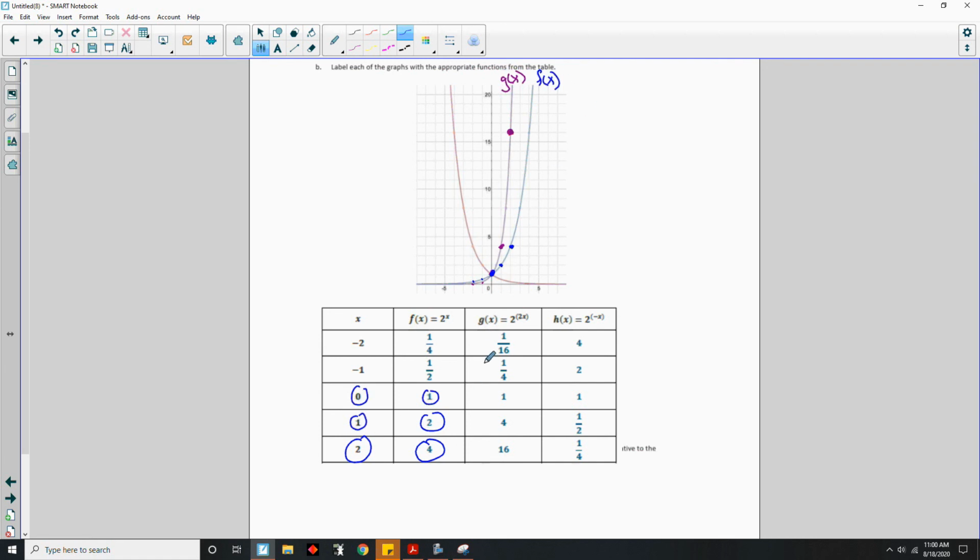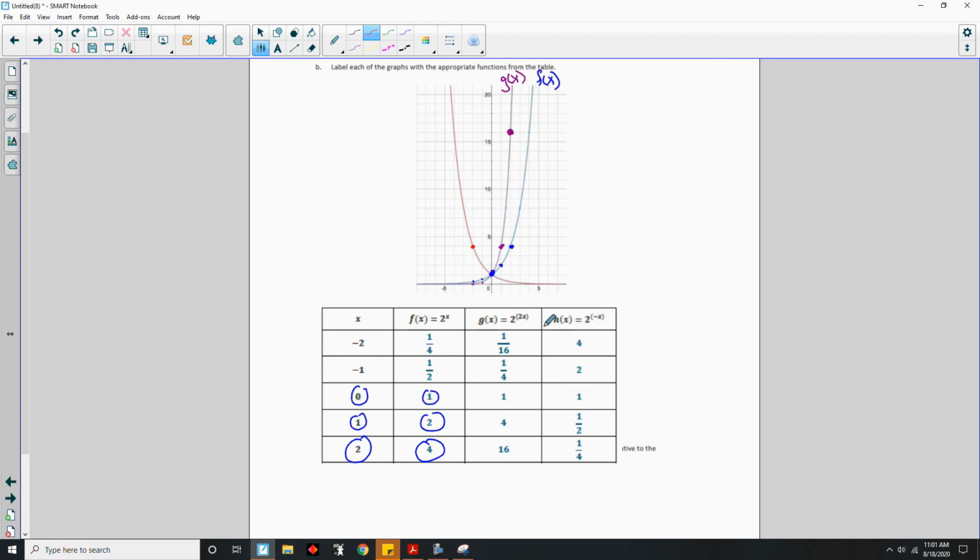All right, so then finally by elimination, but we still want to make sure we're correct, we're going to check, so I'll mark these in red. If I go to the left 2, up 4: 1, 2, 1, 2, 3, 4 is right here.